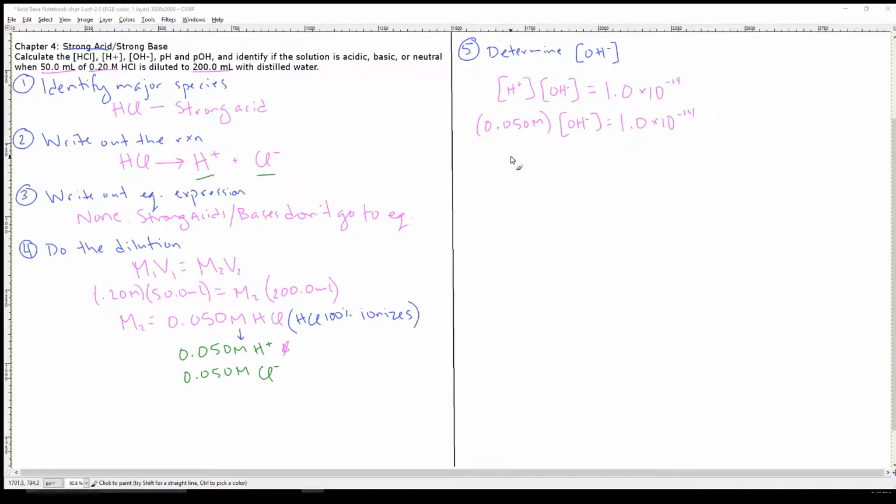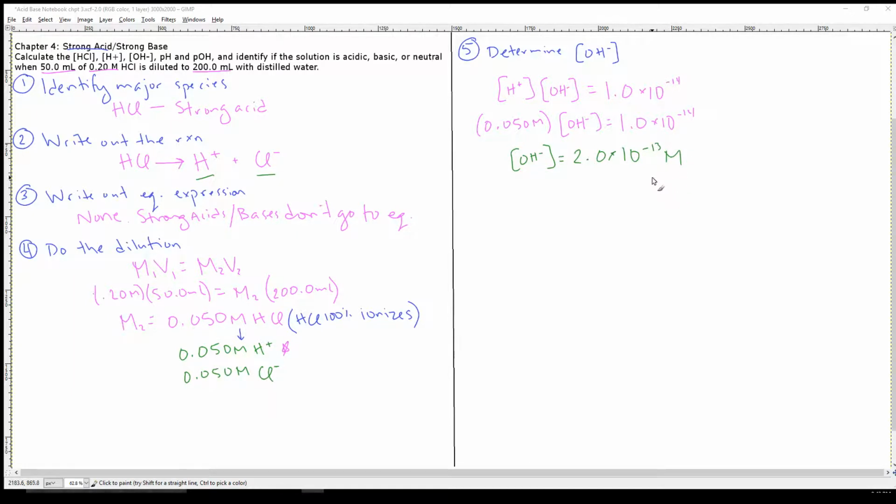So now you can solve. The hydroxide concentration is equal to 2.0 times 10 to the negative 13 molarity.